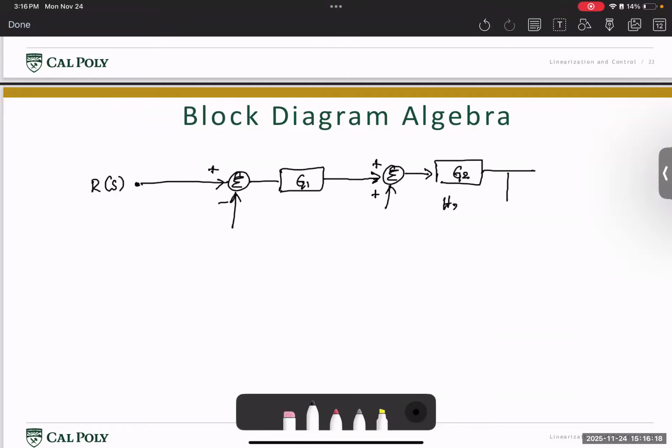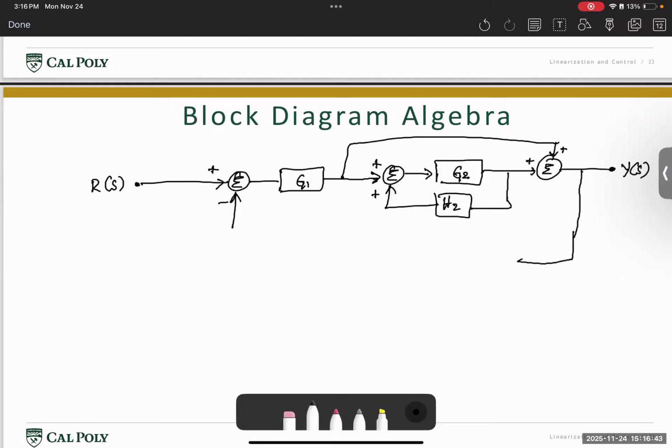And then this goes to a gain H2 here on the feedback side. And then here we have another summation sigma, which takes a signal from here and goes all the way here, adds both of these signals, and then this goes towards the output Y of S. And then we have a feedback from here, which goes into a system where we have a summation, we have plus, and then here we have another plus.